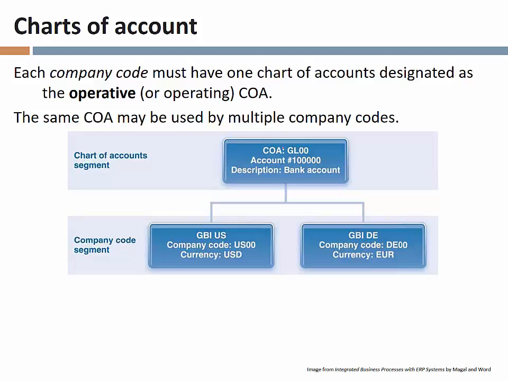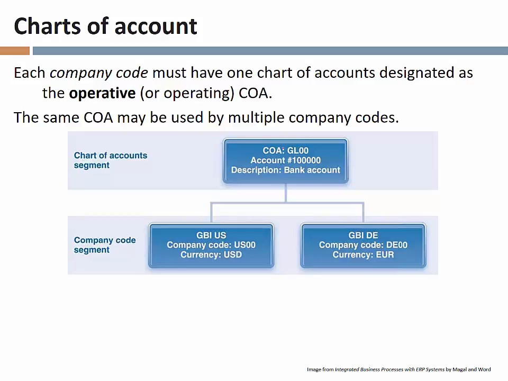So my question to you is, in my picture that I have drawn here, I will spot you the fact that there is one chart of accounts. How many general ledgers are represented? Three. You could go with 1, 3, or 4. But in fact, the correct answer is there are 3 general ledgers here.